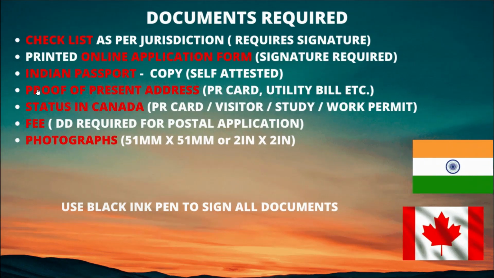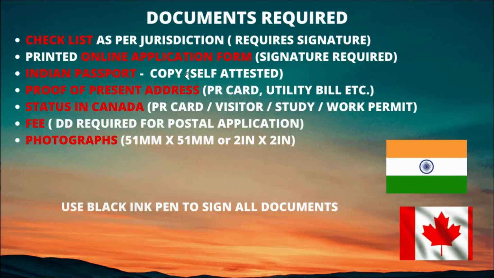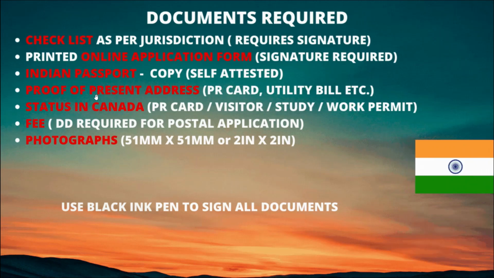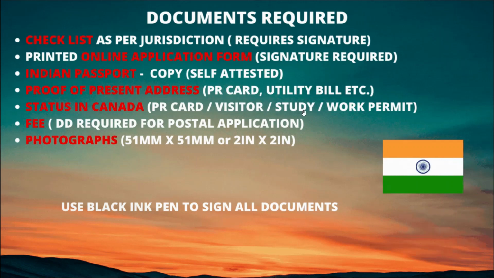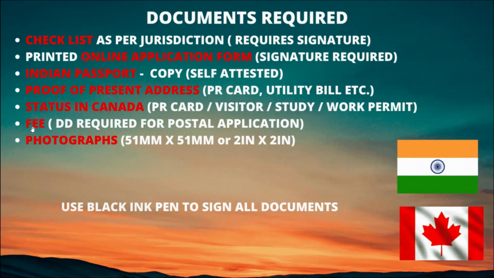Third, you need to provide a photocopy of the first and last page of your Indian passport, and it has to be self-attested. Then you need to provide proof of your present address. It can be your PR card, utility bill, etc. For your status in Canada, a copy of your PR card, visitor visa, study permit or work permit. Then you need to provide a fee as well.